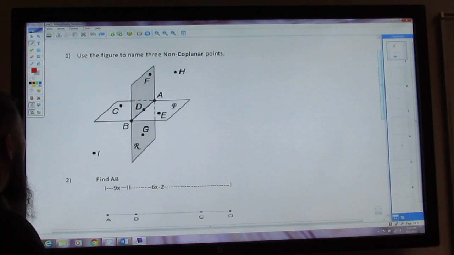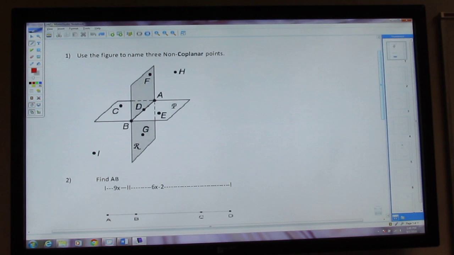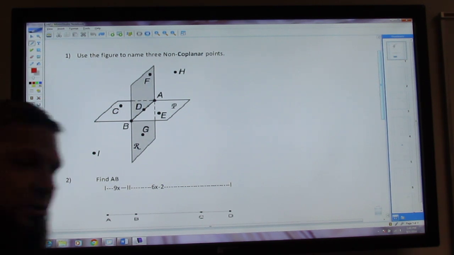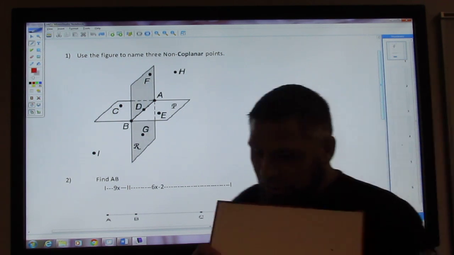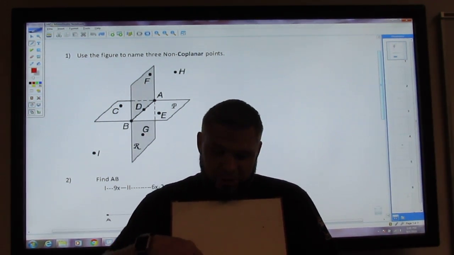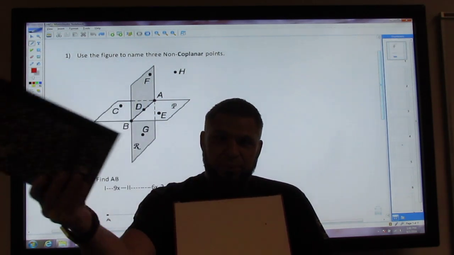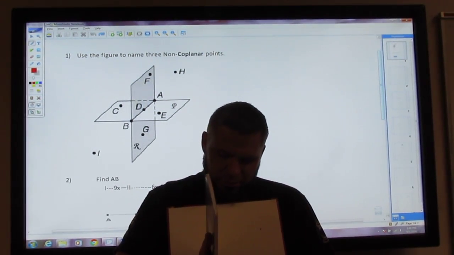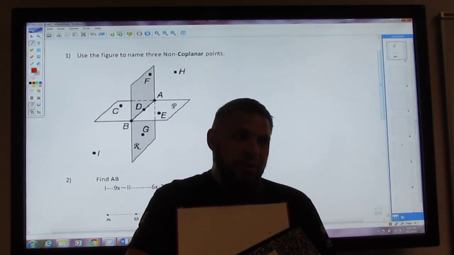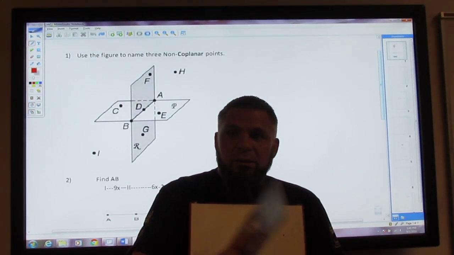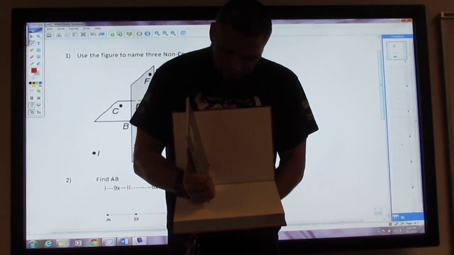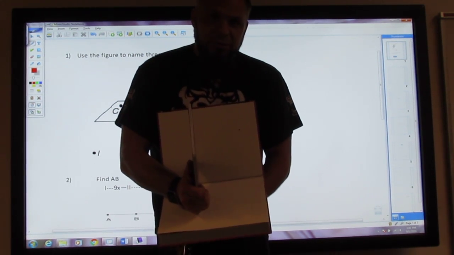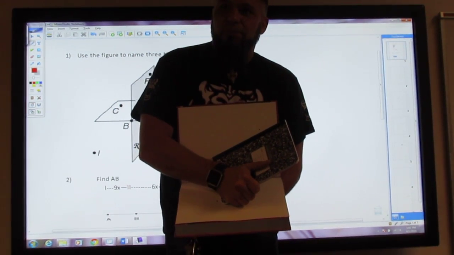So here, like we talked about, coplanar, non-coplanar. Any 3 points are coplanar, right? I can always make 3 points coplanar. If we have 3 points, I can always take a plane and put it through these 2 points and then lower it until it goes through the other point.